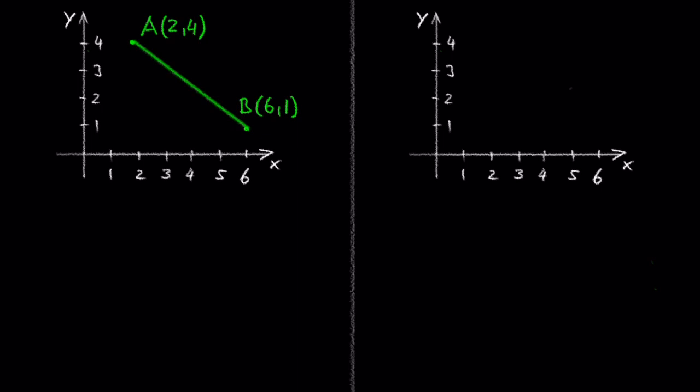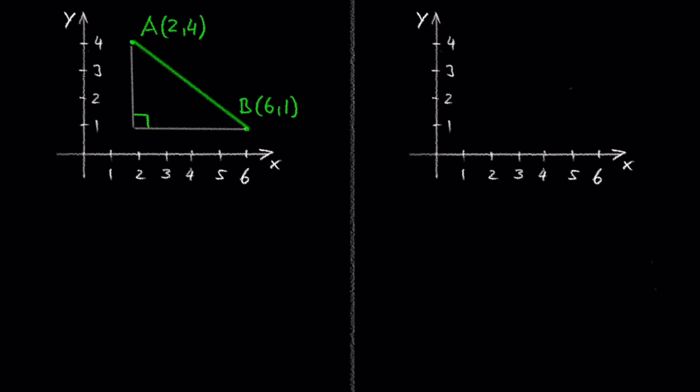Now, when we add 2 perpendicular line segments to this line segment AB, we get a right triangle, right?